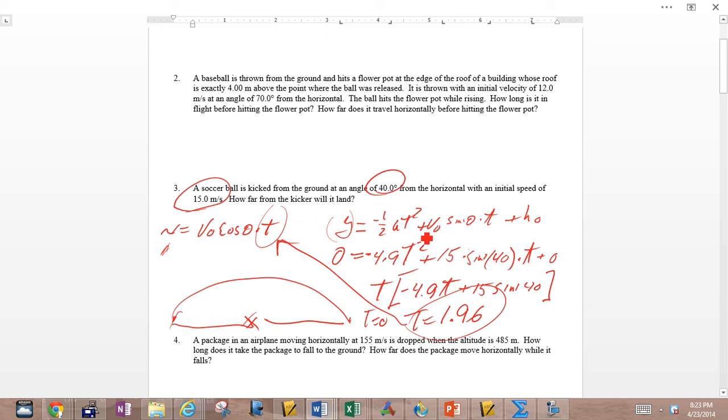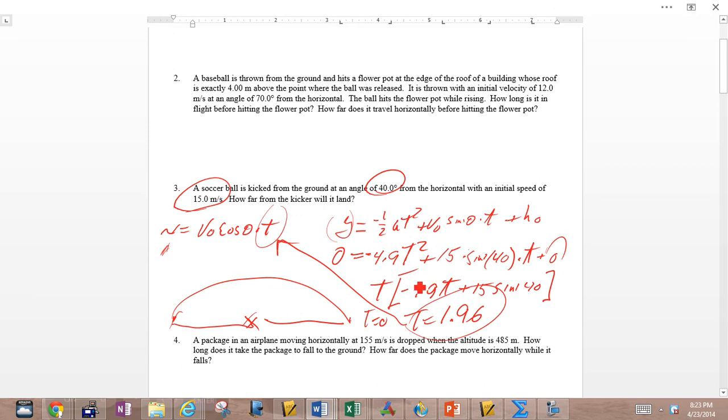So we put everything into our y equation: half of the gravitational constant 9.8, negative 4.9 t squared, plus the initial velocity times the sine of the angle, times t. The initial height is at ground, so that's 0.